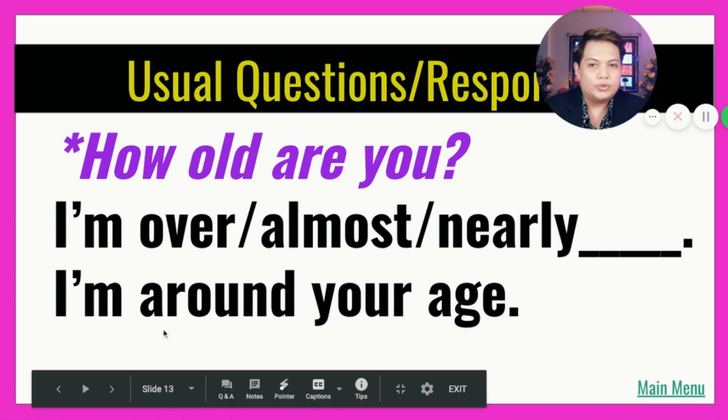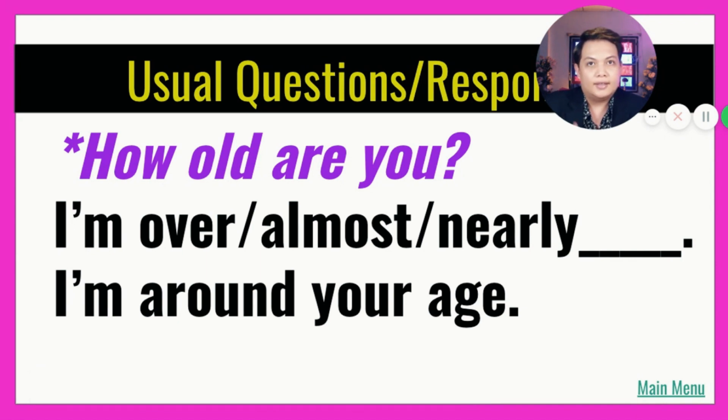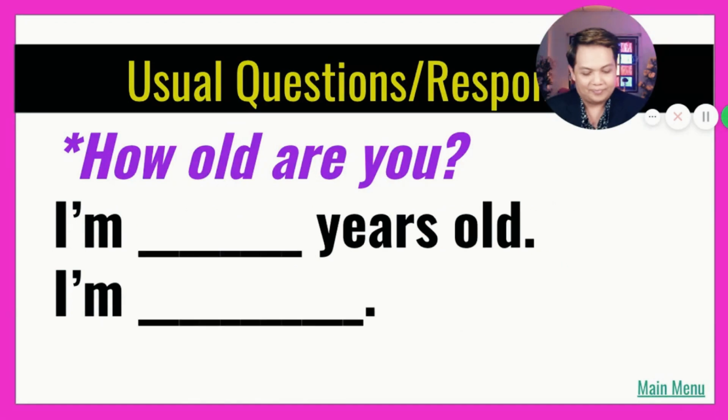So you can also say I'm around your age. You could use this when talking to someone your age, like casual talking with your friends, relatives, cousins, brothers and sisters, or your family friends. Okay?